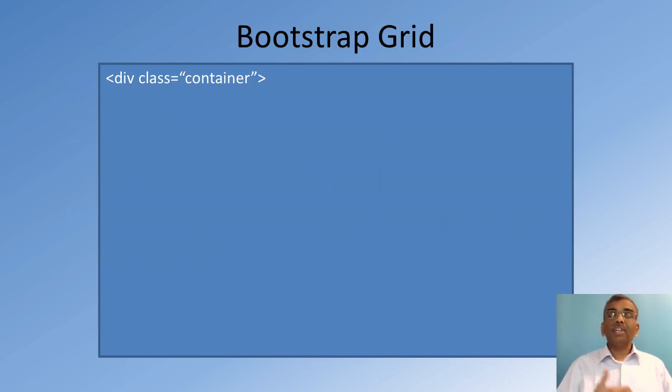Bootstrap supports both the container class, which is a fixed width layout, which means that the content itself is restricted to a fixed width on the screen. This container class enables this fixed width to automatically adapt itself to the size of the screen by using media queries. So that is where responsive design comes to our rescue.